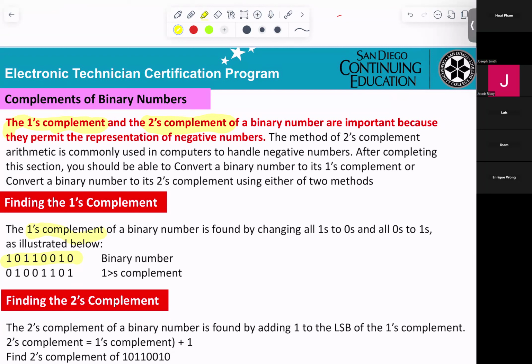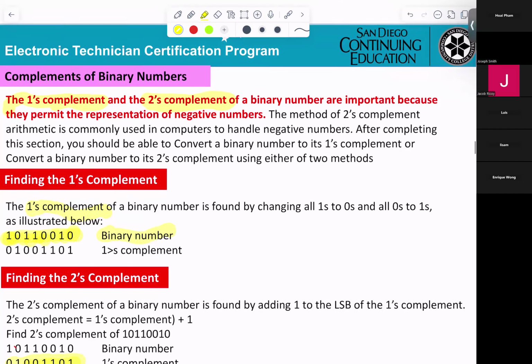First complement of a binary number is made by changing 1 to 0, 0 to 1. That's it. Easy. You get a number 1 0 1 1 0 1 0. That's a binary. If you want the first complement, 1 changes to 0, 0 changes to 1. That's it. Nothing else.